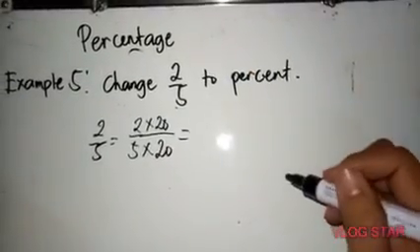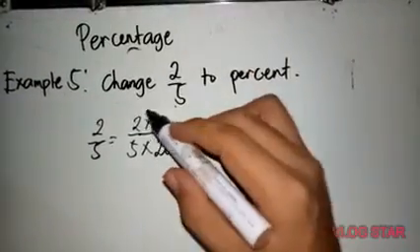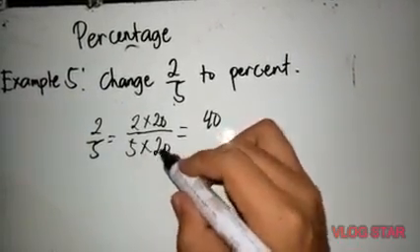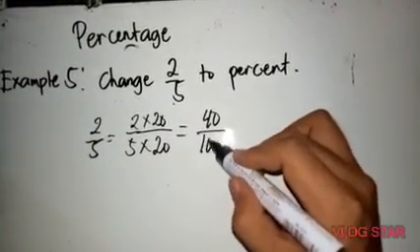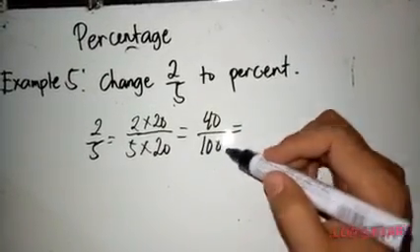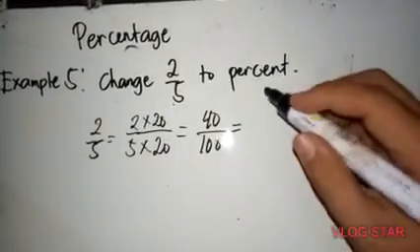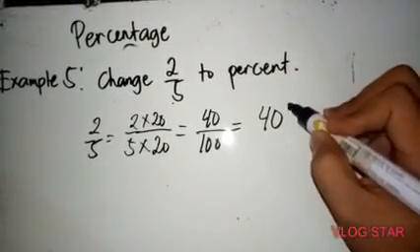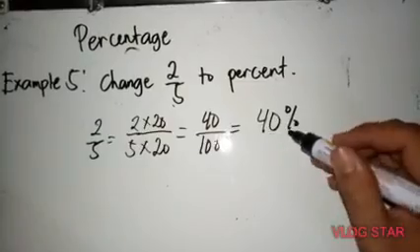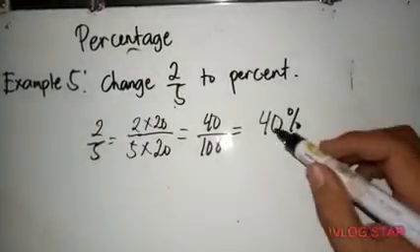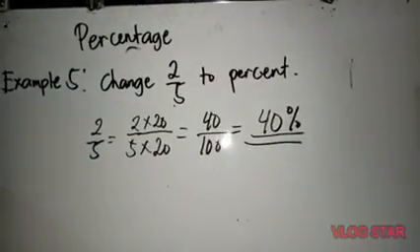Then multiply 20 to the numerator too. 2 times 20 is 40. 5 times 20 is 100. So in percent, just cancel the denominator and the bar sign, then annex the percentage sign to 40, making it 40%.